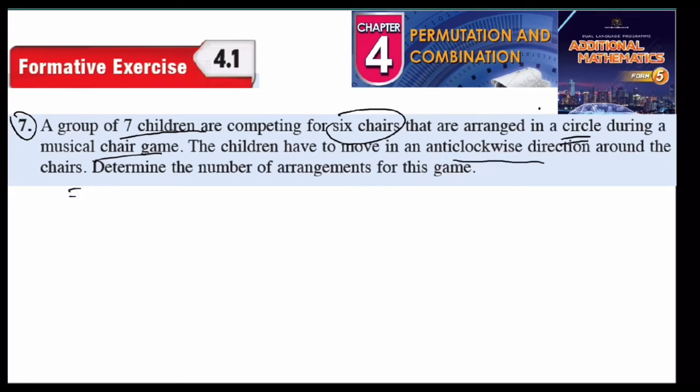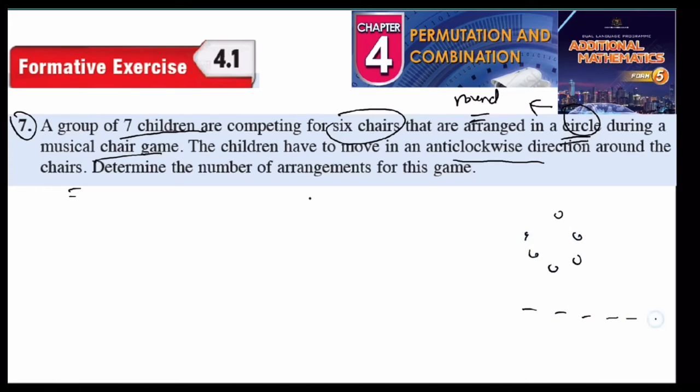Because this is a circle, we need to be very careful. The number of ways to arrange in a circle is totally different from the number of ways to arrange seats in a straight line. Now we have 7 children competing for 6 chairs.